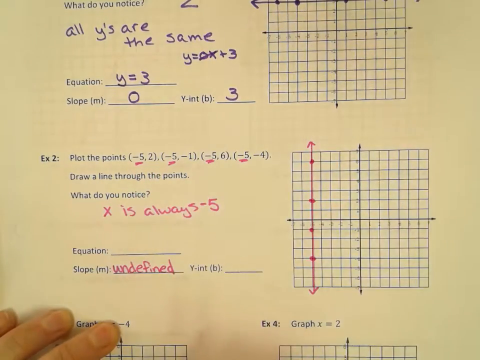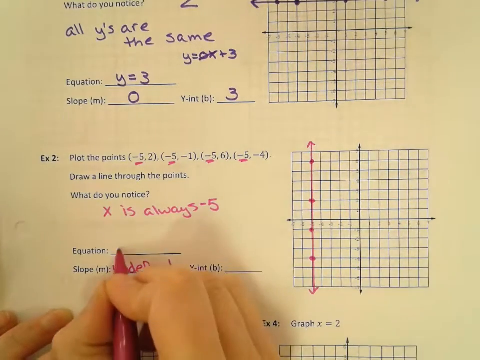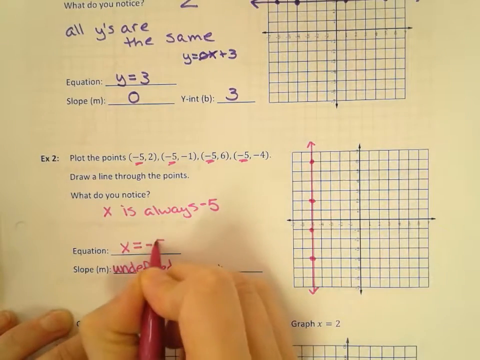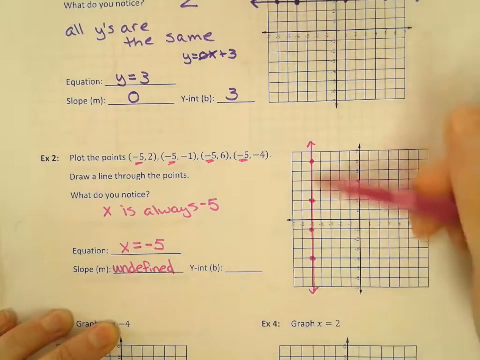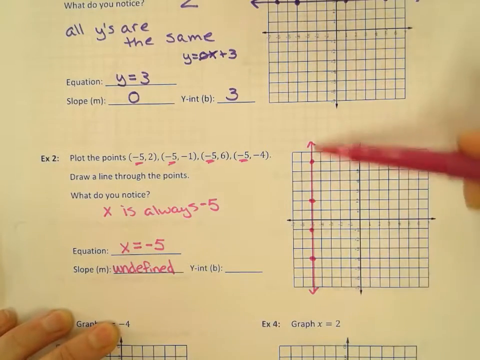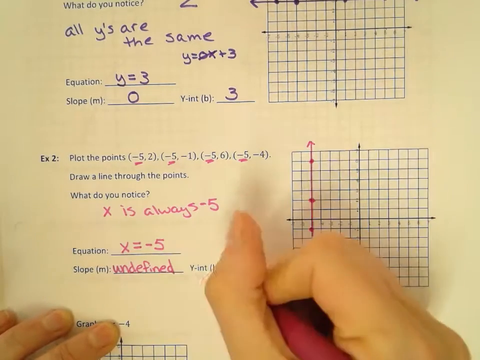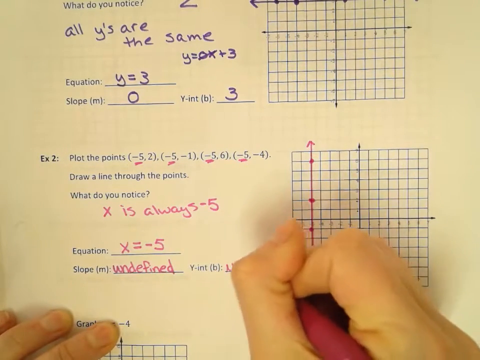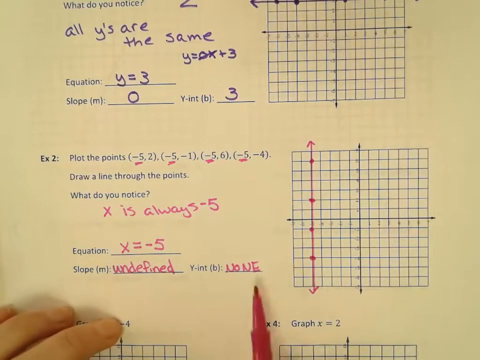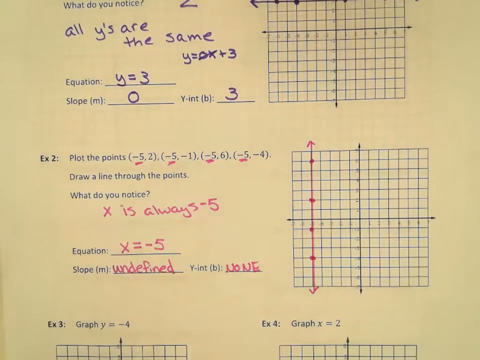So actually, the equation of this line is x equals negative 5. Now, the y-intercept. If this is a vertical line going straight up and down, it is never going to cross my y-axis, so we don't have any. Don't put 0 because 0 means the origin. None means we're never going to cross the y-axis.